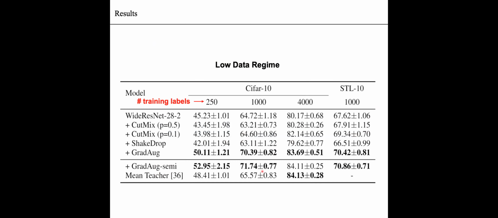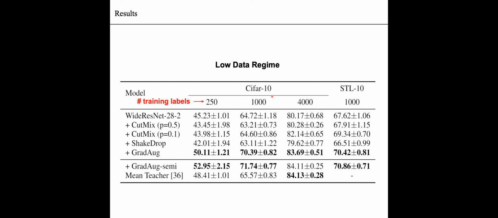Okay, so the overfitting problem becomes more severe when we are dealing with limited training data, right? So we need a better regularization strategy to learn a better representation of the network. So we also conduct experiments under this low data regime. Basically we are using a small training size.